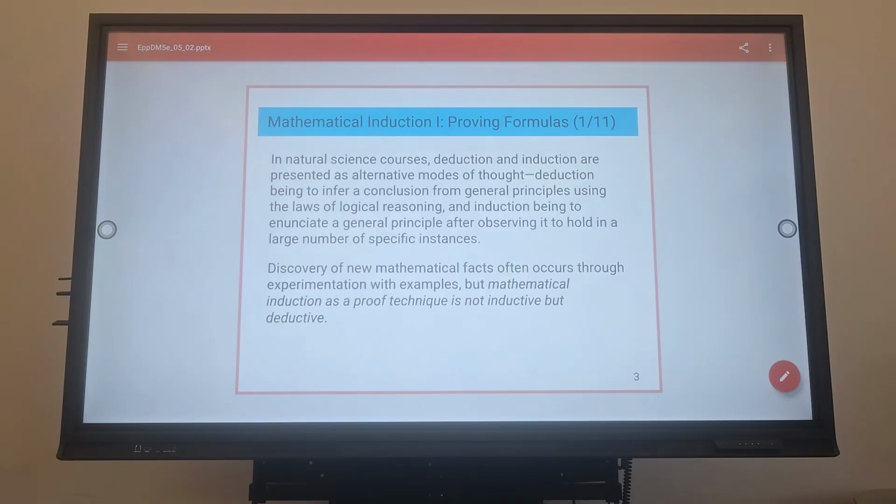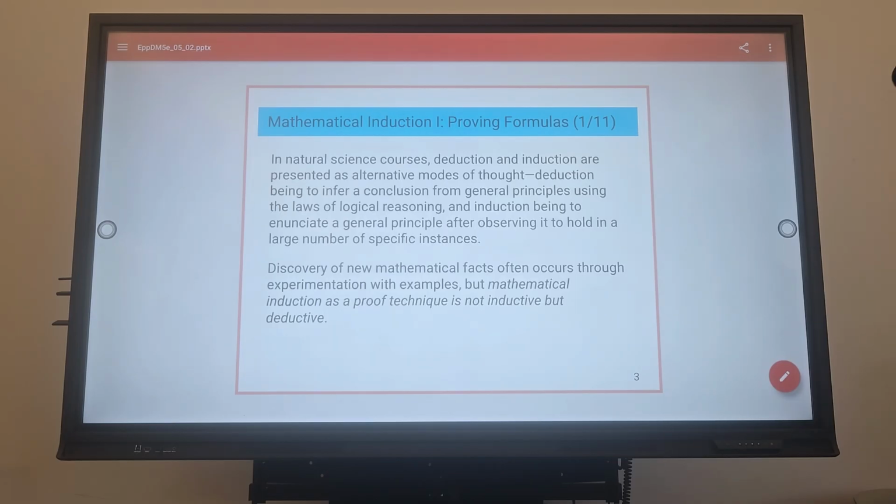In natural science classes, deduction and induction are presented as alternative modes of thought. Deduction being to infer a conclusion from general principles using the laws of logical reasoning, and induction being to enunciate a general principle after observing it to hold in a large number of specific instances.